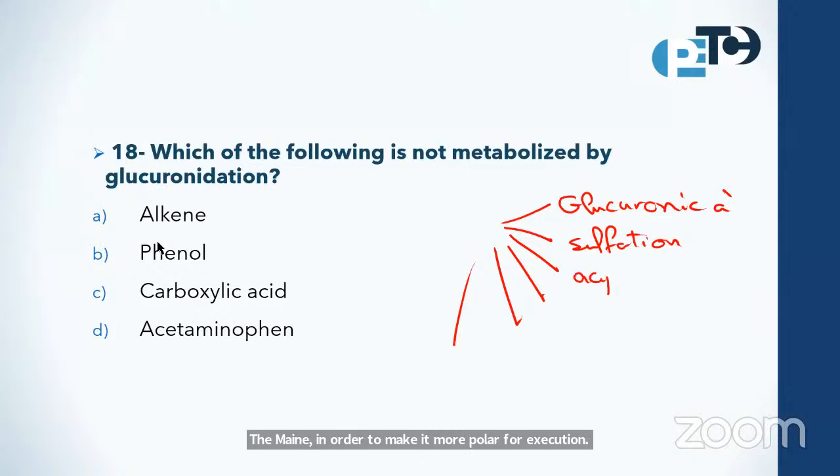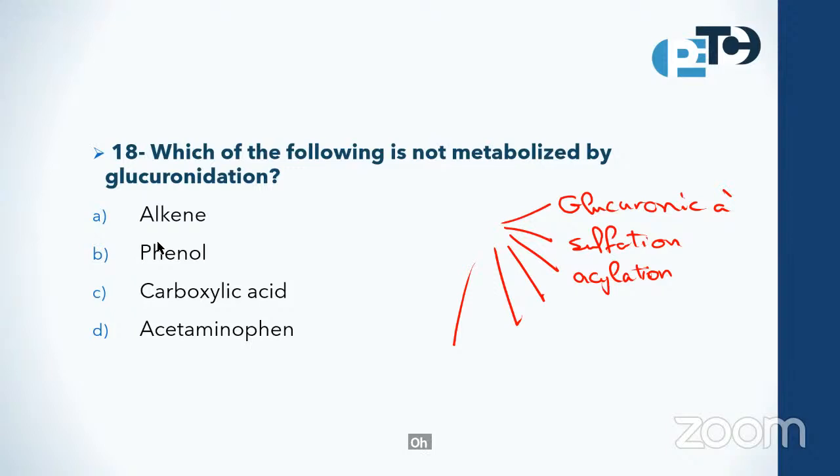Acylation here means either glycine or another amino acid will join to the main compound in order to make it more polar. So here we have amino acid conjugation or acylation.